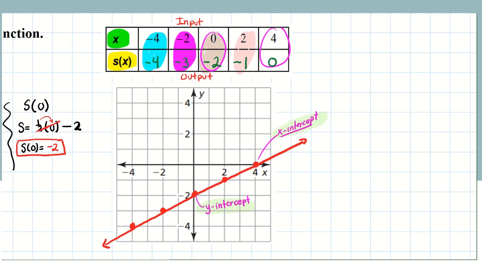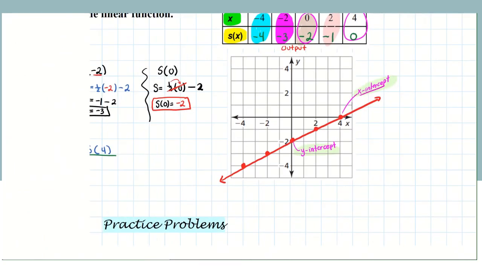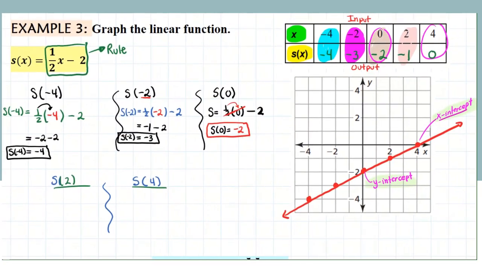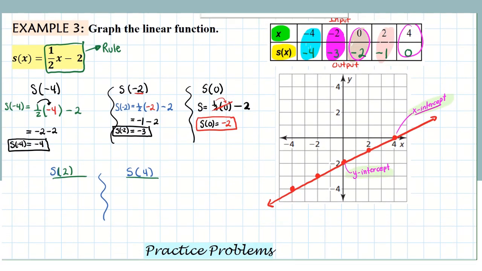Where it crosses the y-axis is called the y-intercept. So now you guys know how to graph using tables. So that's how we're going to start graphing equations or linear functions in this case with tables. And then move forward to using other techniques.